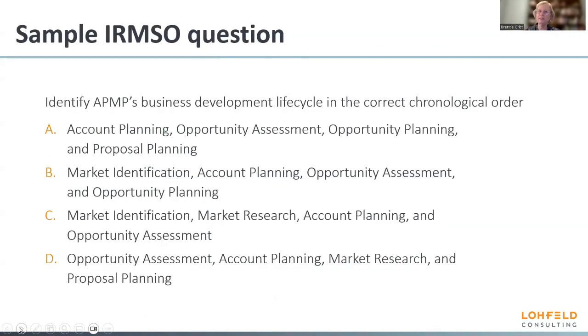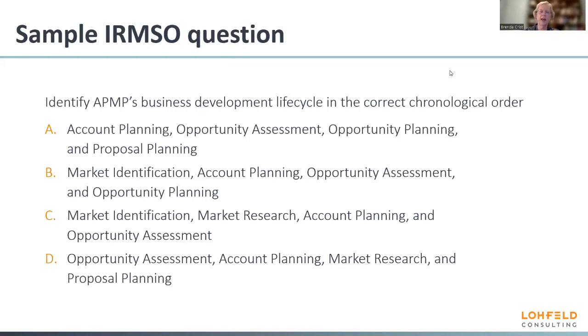So let's do a sample IRMSO question. In this particular case, please identify APMP's business development life cycle in the correct chronological order. So you can either select items A, B, C, or D. So which one is the correct answer? I'll give you a few minutes to read each of these.